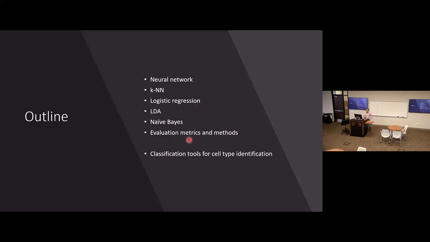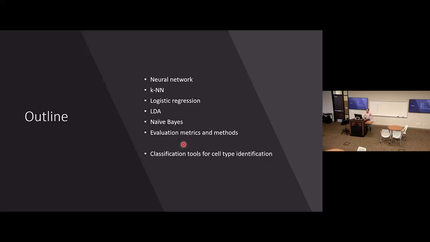Then we will mention a couple of methods people use to evaluate the effectiveness of a classification method. So you build a classifier algorithm and train it. Then you need a standard to see the performance of your pipeline, the classifier you built.